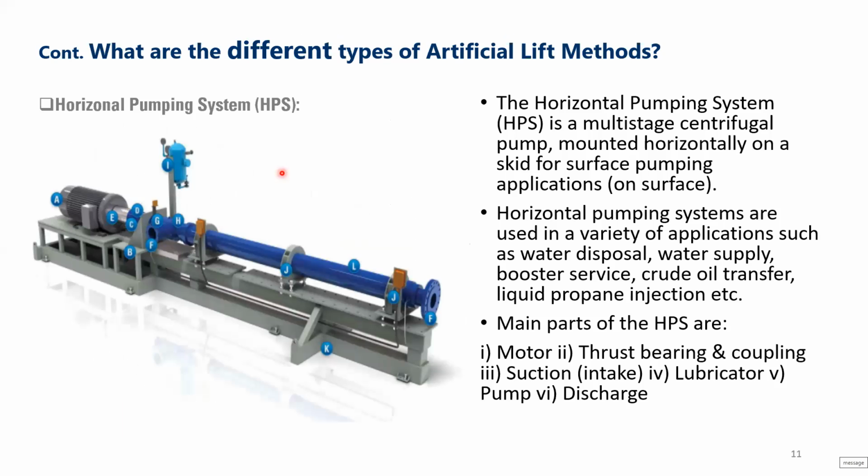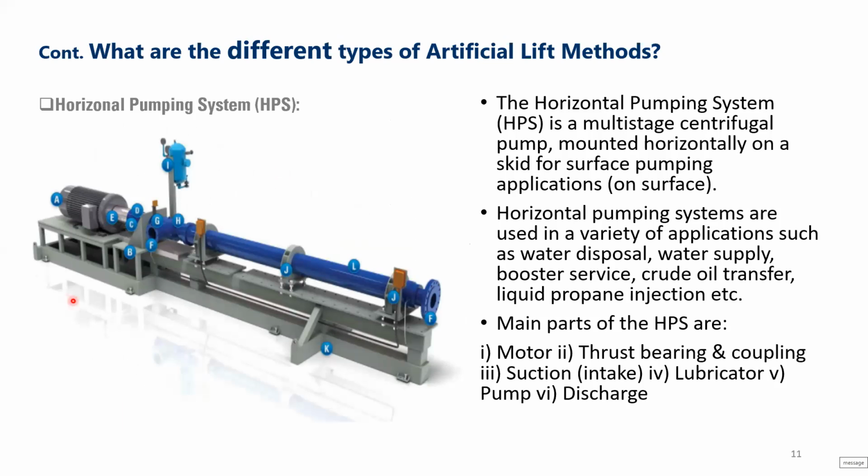The other artificial lift method is the horizontal pumping system. HPS is one of the artificial lift methods, and HPS stands for horizontal pumping system. It's a multi-stage centrifugal pump mounted horizontally on a skid, as we see in the picture, for surface pumping.